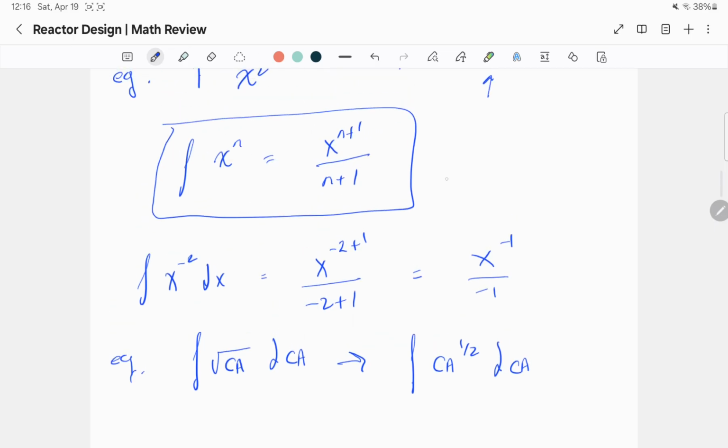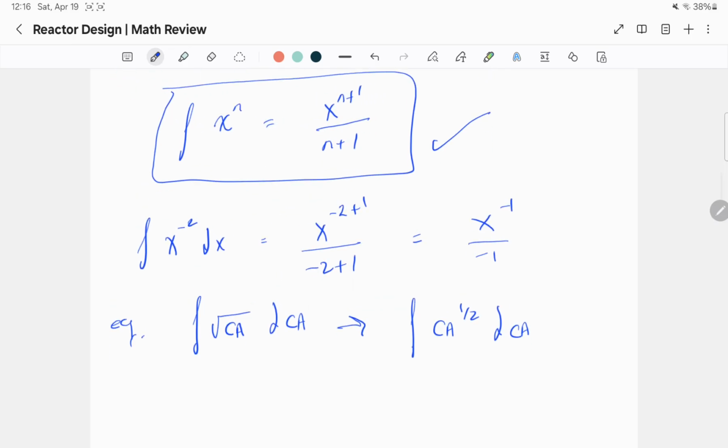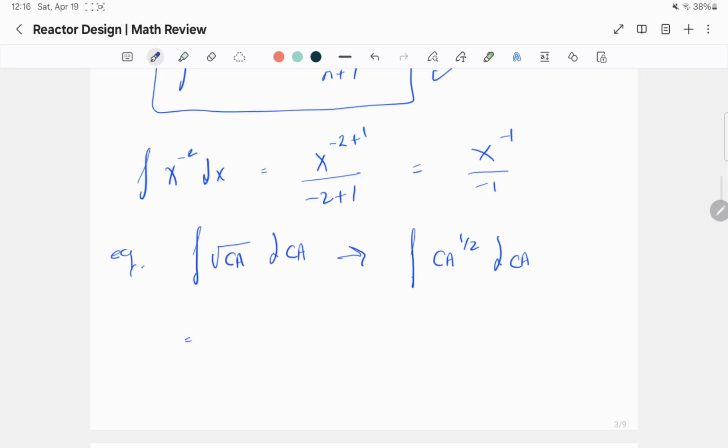We can use this rule again to solve it, which will give us Ca to the power of a half plus 1 over a half plus 1, which will equal Ca to the 3 over 2, over 3 over 2.